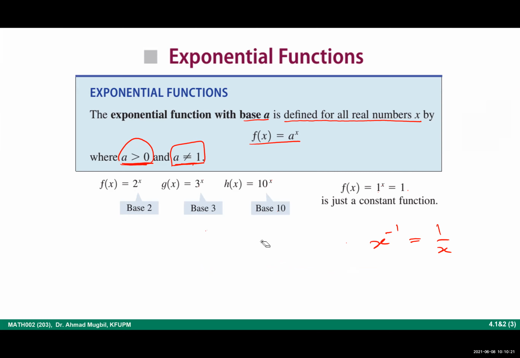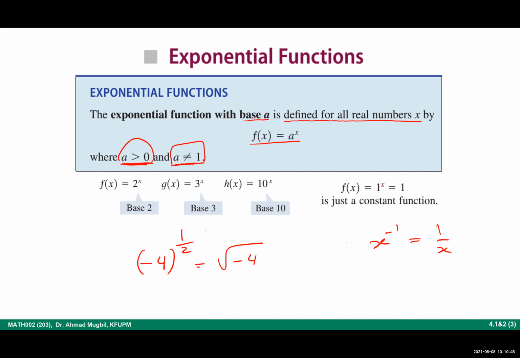Okay, why can we not have negative? Like -4, for example. Why can we not have -4? If we have -4 to the power 2, it is not a problem. This is 16. But it will be a problem if we have -4 to the power 1 over 2. What is this? This is the square root of -4. It is not a real number.